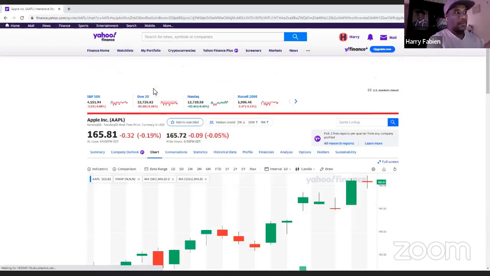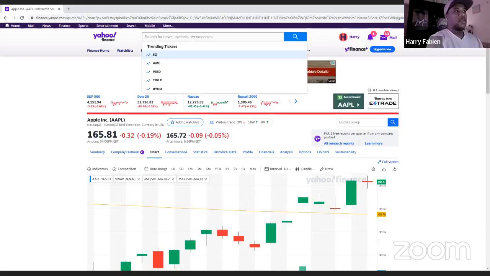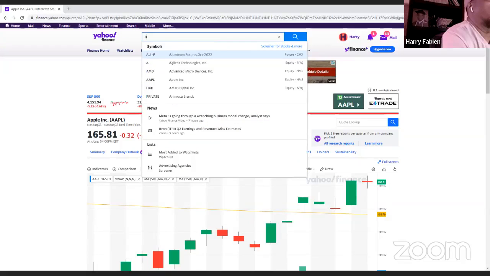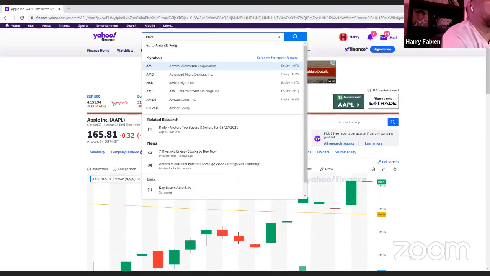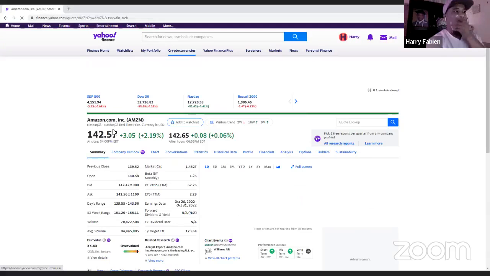When you go to Yahoo, what you can do, you can just tap here, the search bar, you can put Apple Stock. You can put Amazon, AMZN, something like that. You click on it. It shows you the stock.